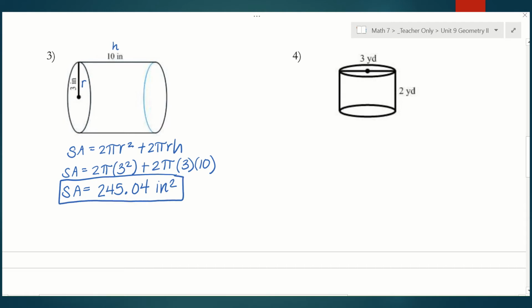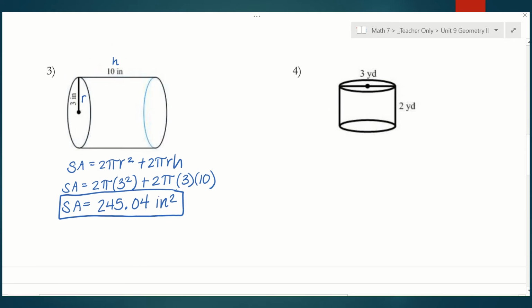All right, awesome. Let's do one more together here. So another cylinder, 2 pi r squared plus 2 pi r h. Okay, so this 3 yards that they show us, that's actually the diameter. Remember, the diameter goes all the way across through the center of the circle, and we need the radius. So if I cut that in half, I'll get the radius is 1.5, and then my height is 2.